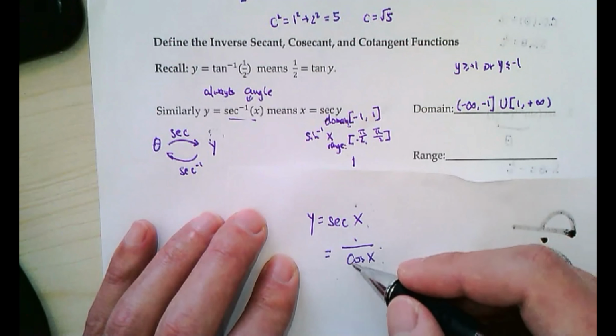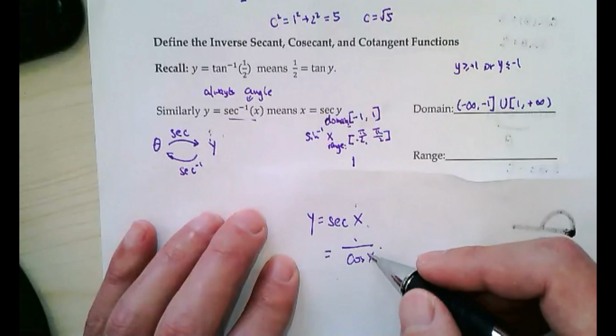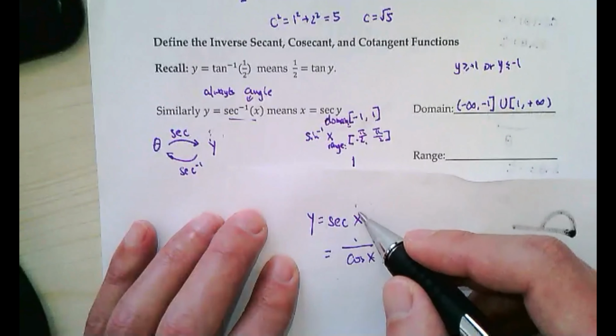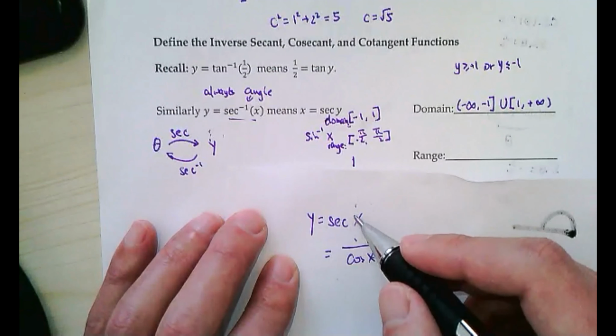Where we restrict the cosine so that it is 1 to 1 is the same area where we restrict secant x so that it's 1 to 1, because they do have a 1 to 1 relationship here.